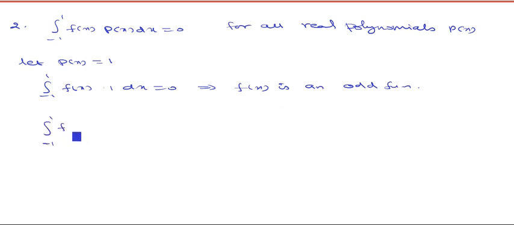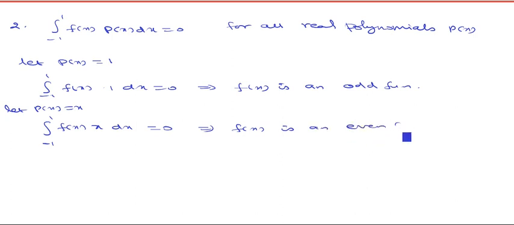Now let p(x) equal x. Then integral from -1 to 1 of f(x) x dx equals 0, so f(x) is an even function.